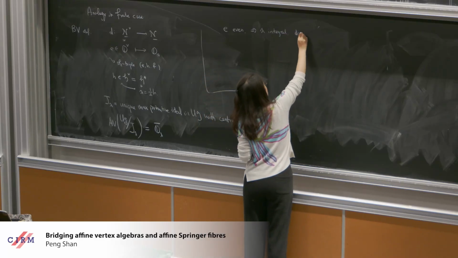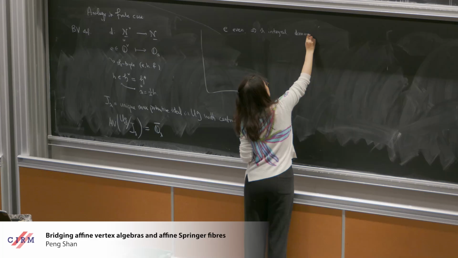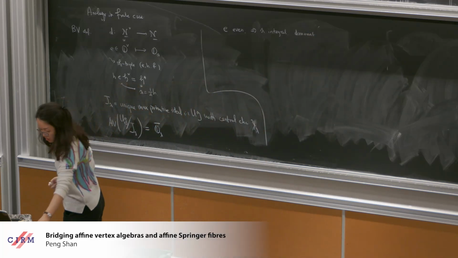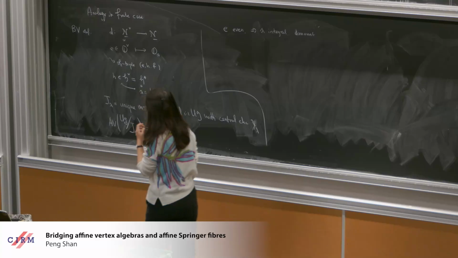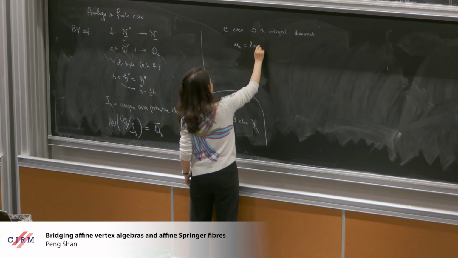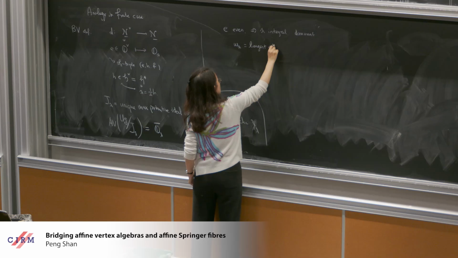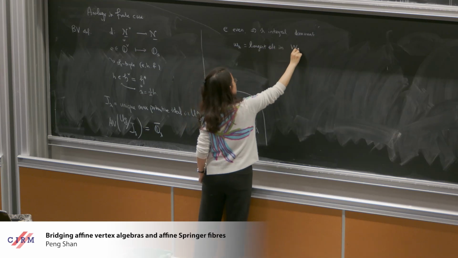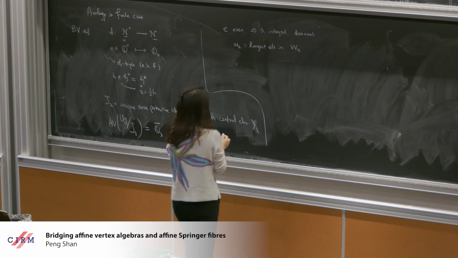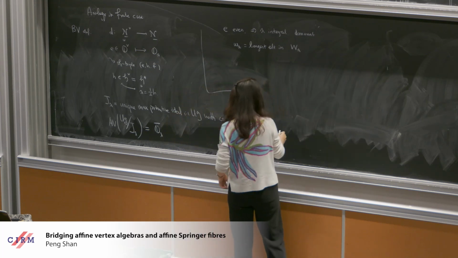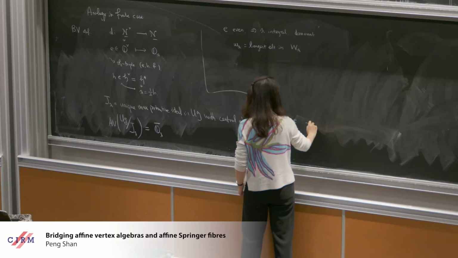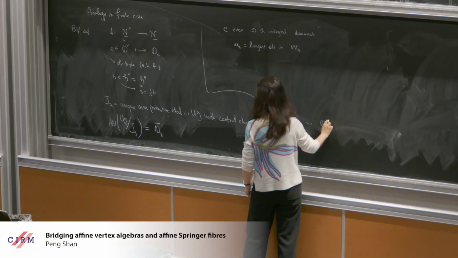So we have a choice on lambda. And then we can just play the same game. I take W lambda to be the longest element in the stabilizer of this W lambda. Then I have a similar diagram, which in this case are all theorems. So I start from E even in an orbit O check.